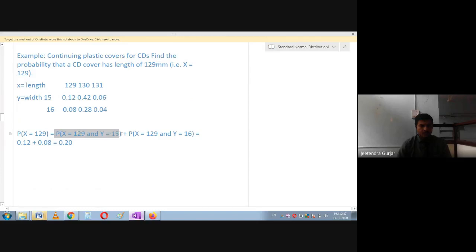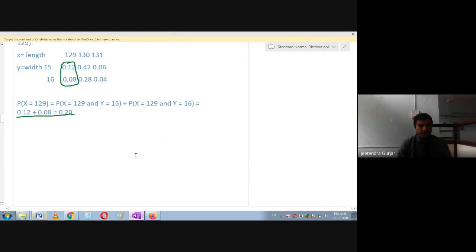Therefore, probability of x equal to 129 with width y equal to 15, plus probability of x equal to 129, that is length of the CD 129, and width 16, which is equal to, just add this, students, 0.12 plus 0.08, which is equal to 0.20. That is our marginal probability distribution.